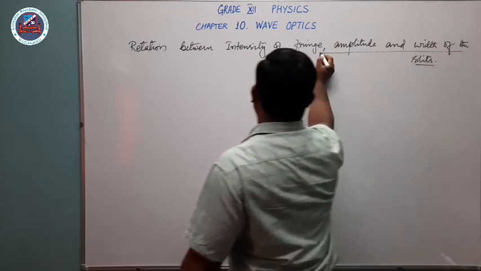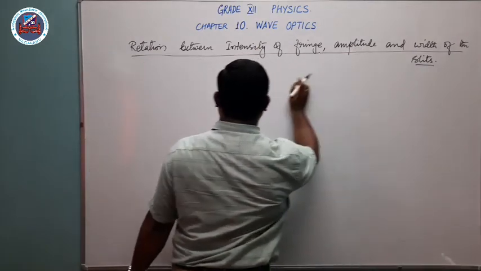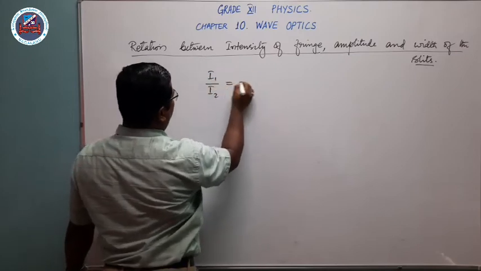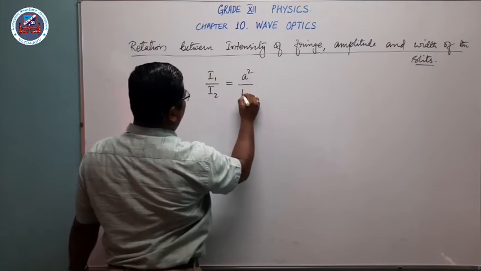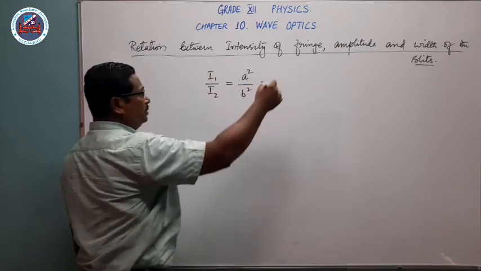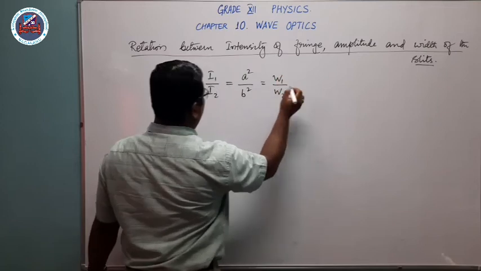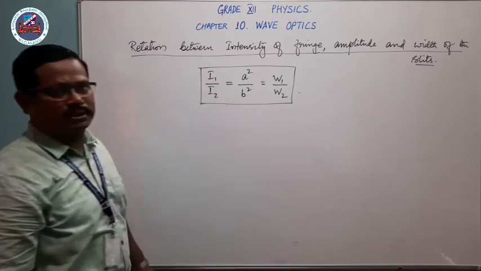You already know the relation between intensity and amplitude. Suppose two waves have intensities I1, I2, then they are directly proportional to the squares of the amplitudes of their waves, A1 squared by A2 squared. That is also equal to the widths of the slits, W1 by W2. We have to remember this for solving numericals.